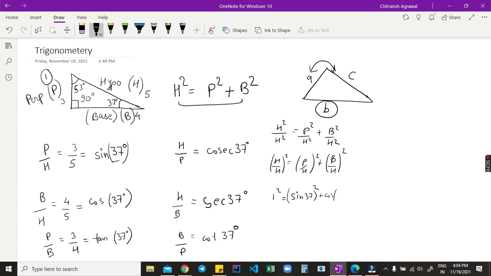If we simplify this, it comes to sine square 37 plus cos square 37 is 1. So this is a very general expression. If there is any angle theta, then we can write this expression in a right angle triangle.